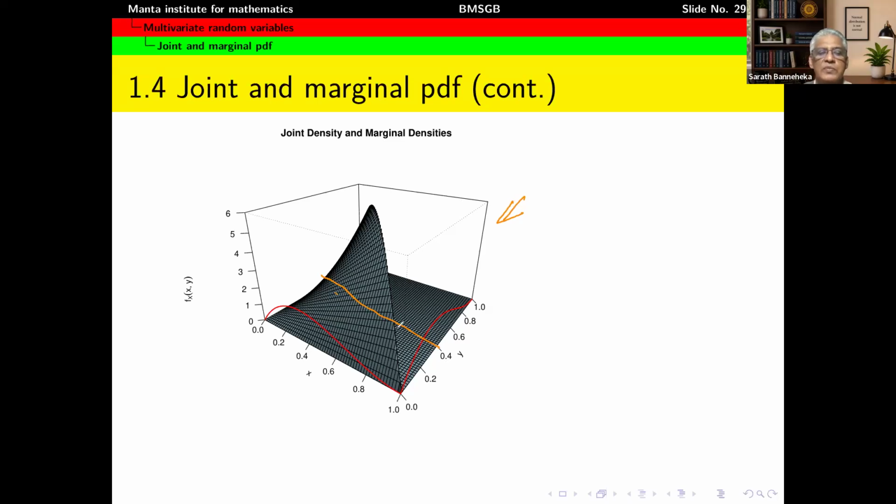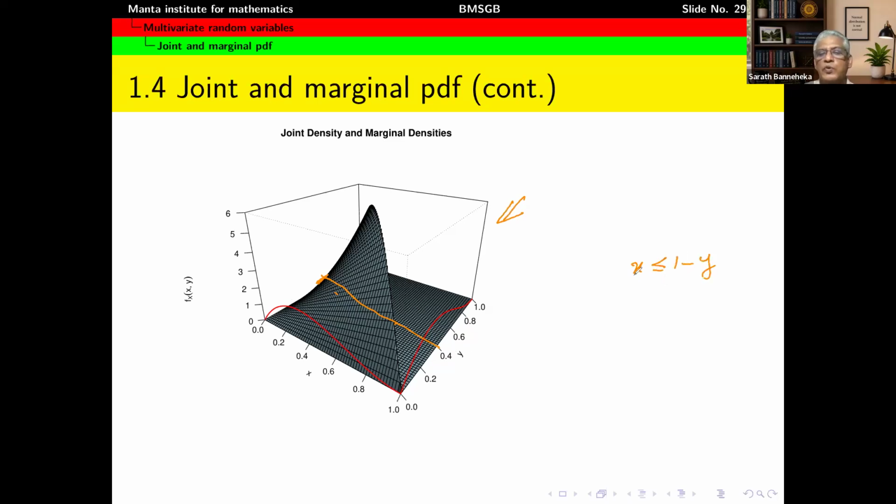Then you can find the area under that curve. In that case, you will have to integrate with respect to x. x will be changing from this to whatever this point here, starting from x equal to 0. In that case also, x will be less than or equal to 1 minus y.